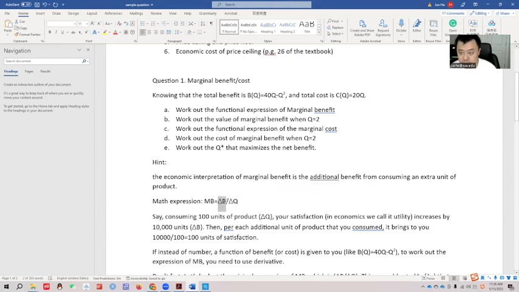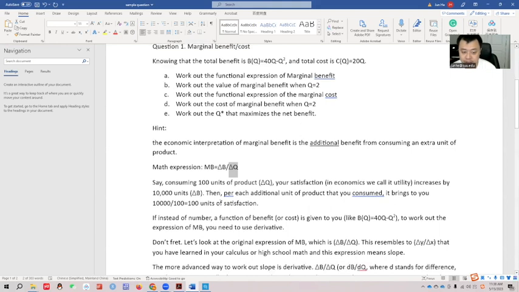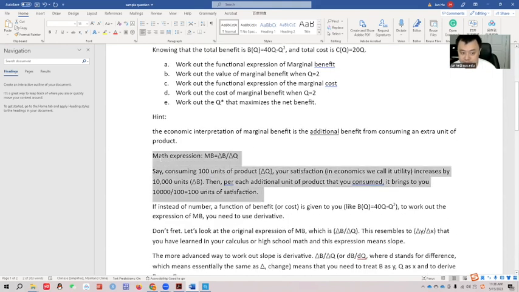So the consequence, which is the dependent variable, should be on top. The cause, which is the independent variable, like the x, should be at the bottom of this fraction.